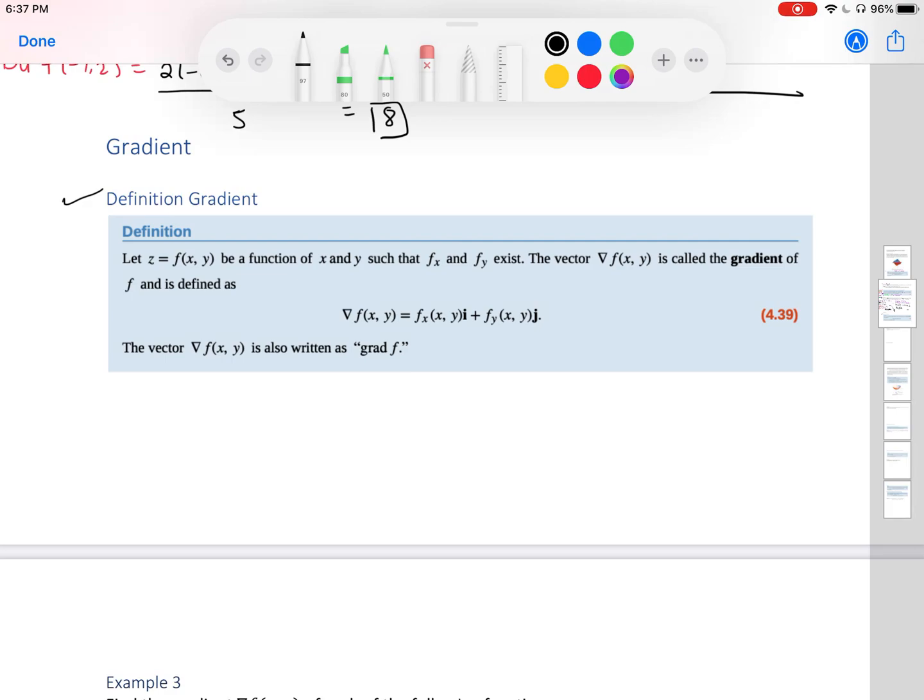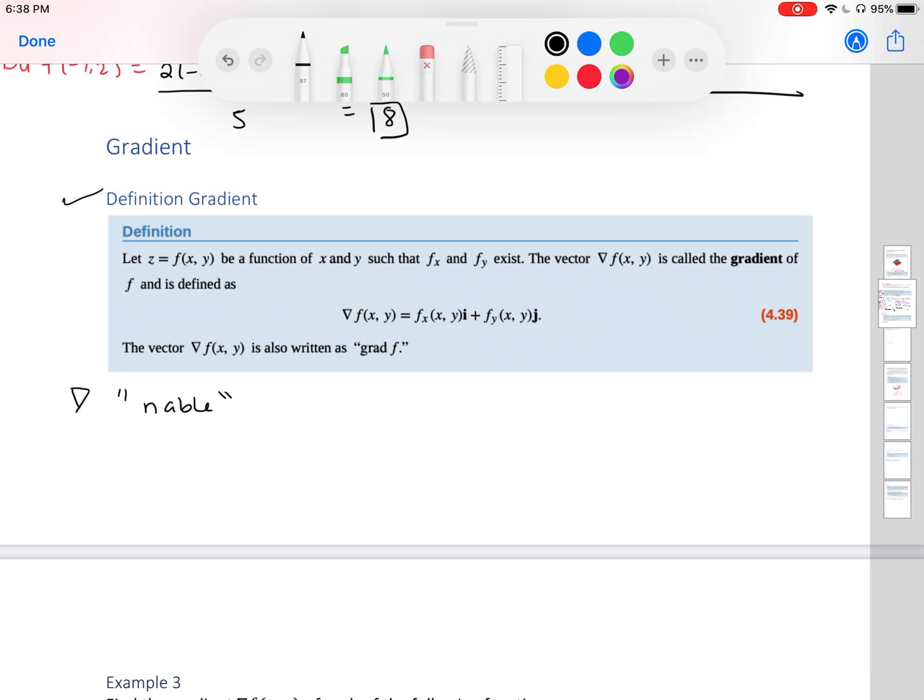The vector del f of x comma y is also written as grad f. So we have a new notation. We have this upside down triangle. It's actually called a nabla, and that's what the symbol is called.